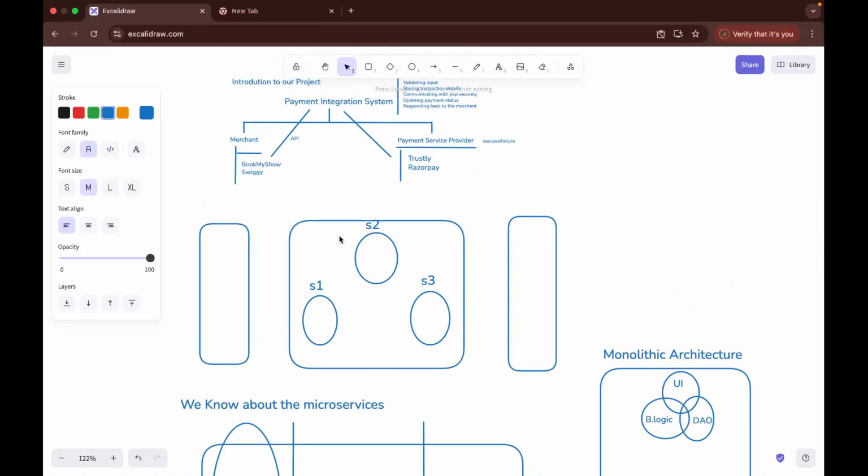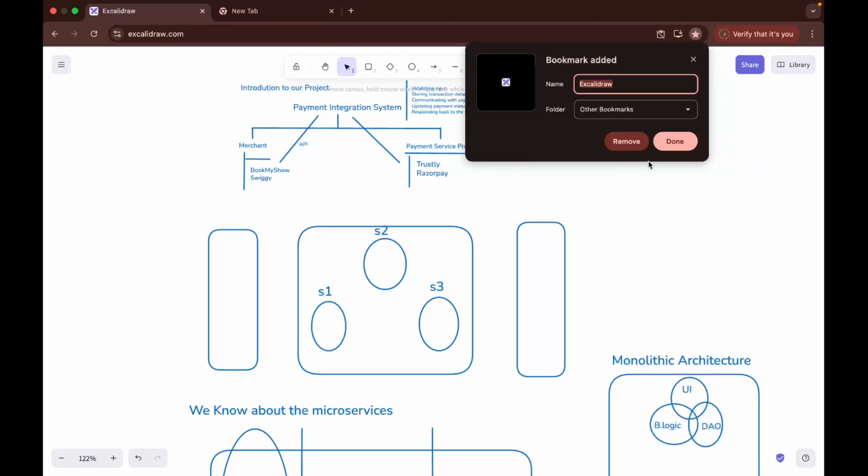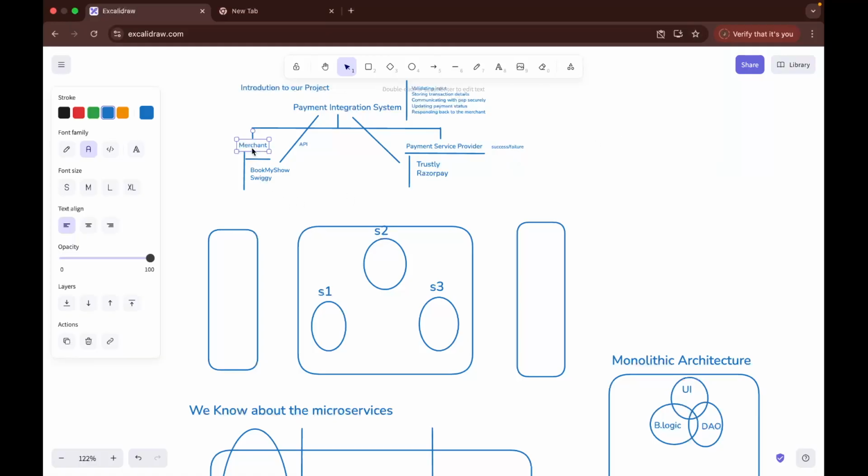So in this architecture, here is the merchant system, the payment integration system, and the payment service provider system, the PSP system.